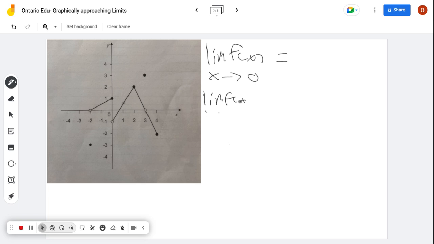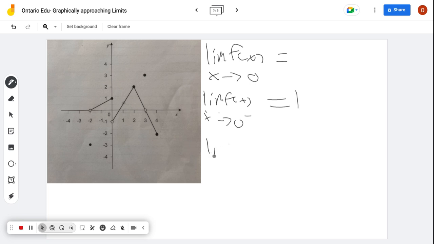Limit of f of x as x approaches 0 from the left. Again, we simply follow the graph. We go here, we're approaching 0 from the left, and we stop here, and the y value is at 1. Therefore, when x is approaching 0 from the left hand side, the limit is 1.